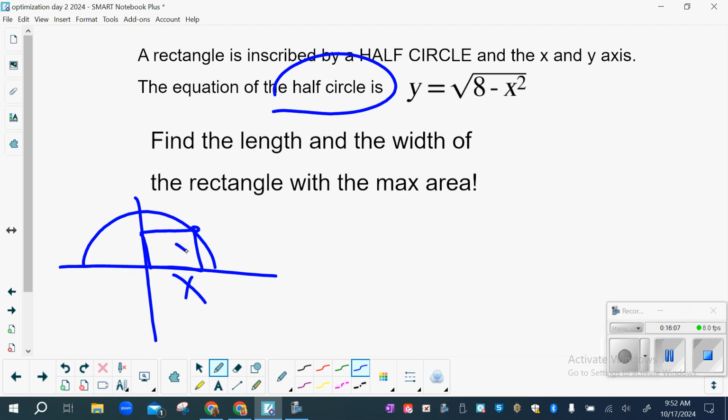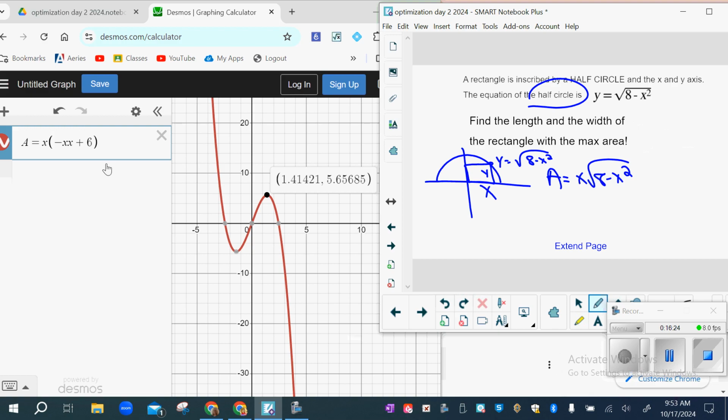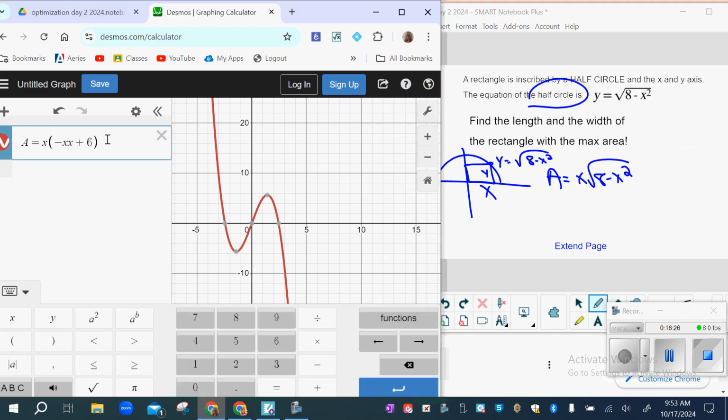y equals 8 minus x squared. A equals x times 8 minus x squared. You get really fast with these after a while. The only trick is Desmos makes you be careful. If you blow it putting it in, you're kind of screwed, right?